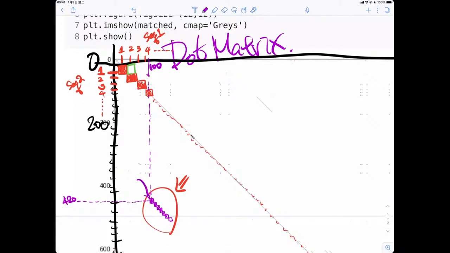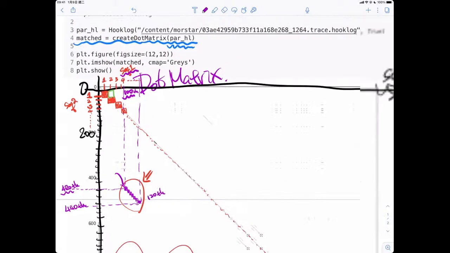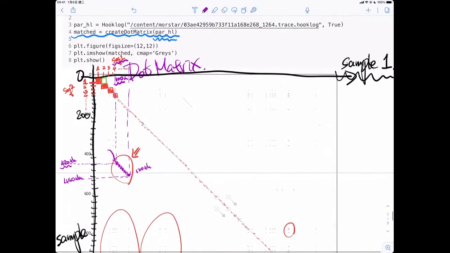It means the 100th event in sequence 1 is exactly the same as sequence 2's 420th event, and so on and so forth, until maybe that is 120, and that is maybe 440. That is exactly the same. However, as we mentioned before, sequence 1 and sequence 2 are the same sequence.